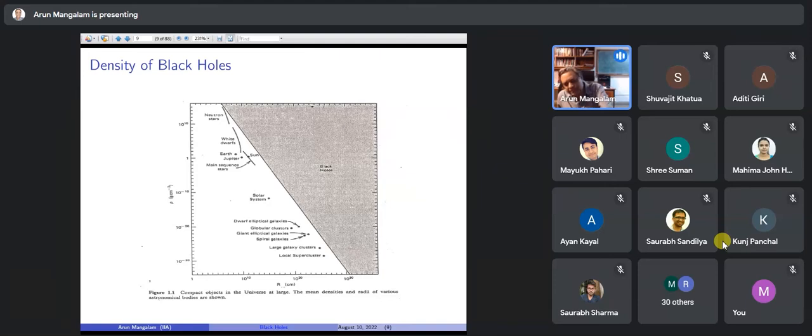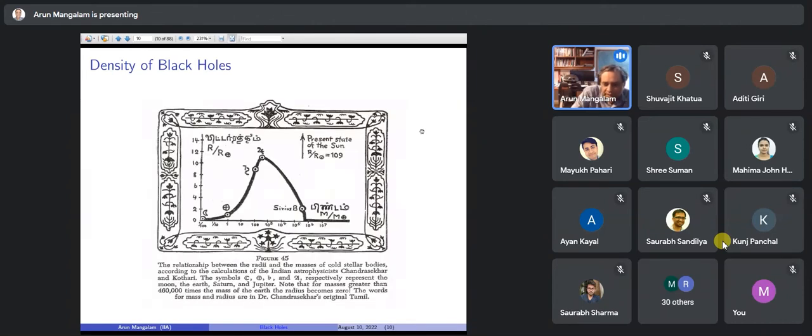So you can see that various objects here are very far away from the black hole limit, and white dwarfs and neutron stars are closer than the other objects. The moment you're closer to this line, that's the death line. So objects will become a black hole and collapse. All the collapses will lead to black holes on the right hand side of the diagram.